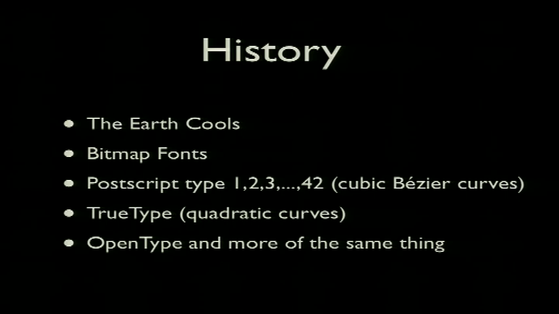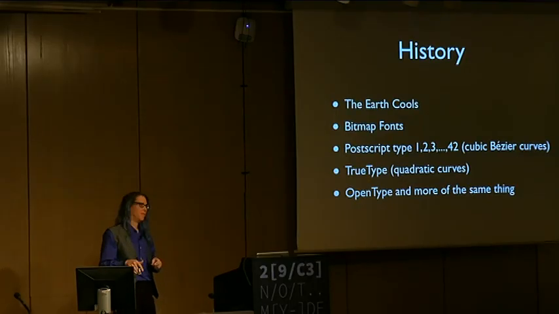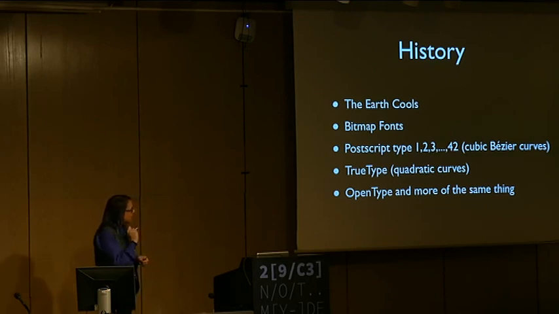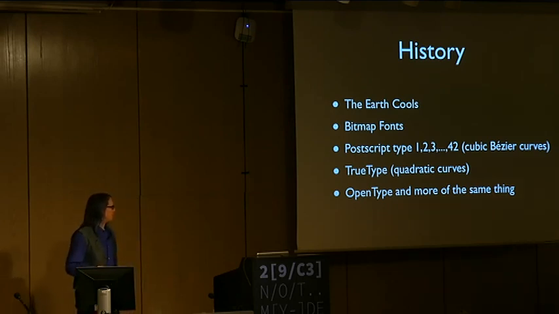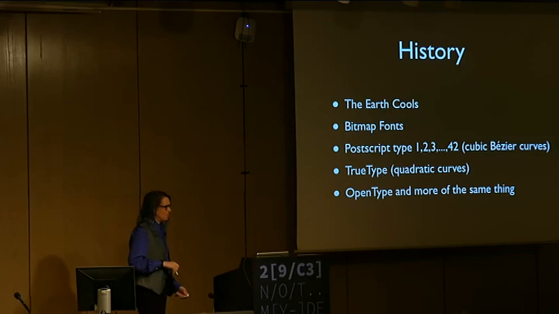And that's where all the PostScript Type 1 fonts are. And they're all done using cubic Bezier curves. Then TrueType fonts were basically created because Adobe had a patent on cubic Bezier curves, and nobody wanted to pay the license on it. So TrueType uses quadratic curves. And then OpenType is kind of similar, but with some more features.